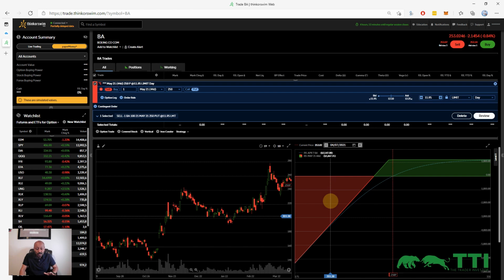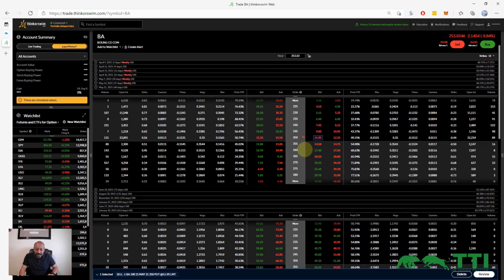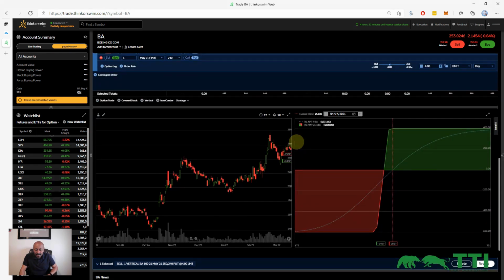So in order to protect myself from this kind of risk, I will go and buy one or two strikes out of the money put options. So I will add that to my position. Now look at what happens. Now my maximum risk is also capped.